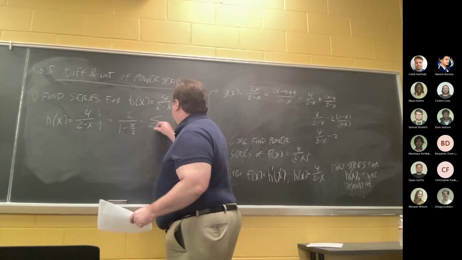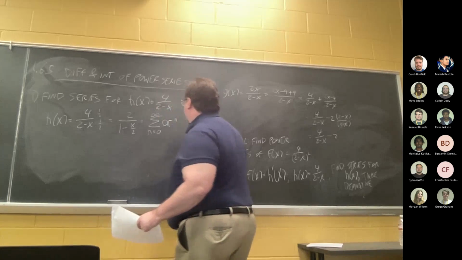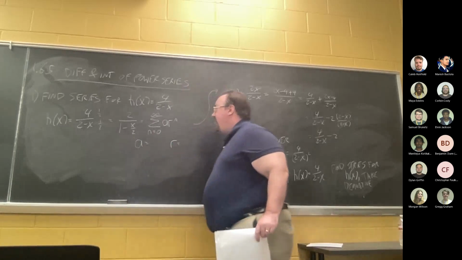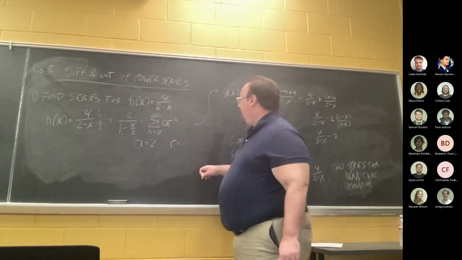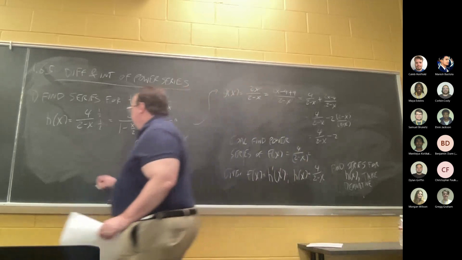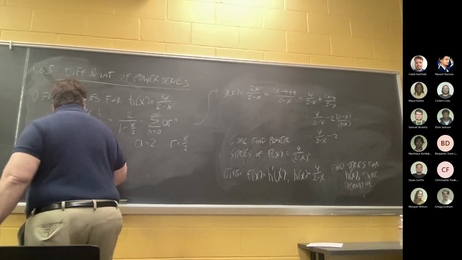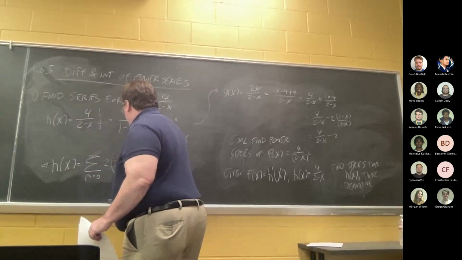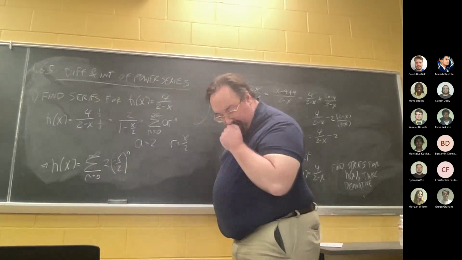Now, that is the sum of a geometric series a r to the n, where a equals, so what does a equal in this case? Yes, the numerator, and then what is r? x over 2. Okay, so now we can fill these in. Sum n equals 0 to infinity of 2 times x over 2, all raised to the n power.